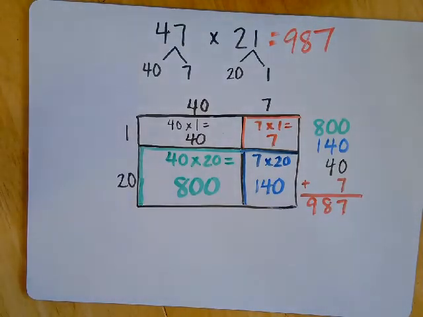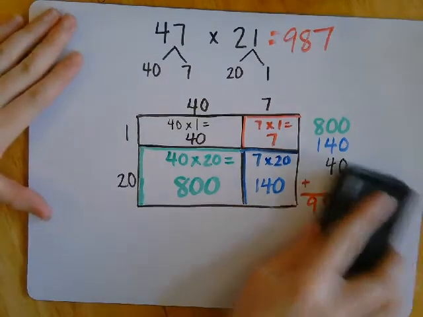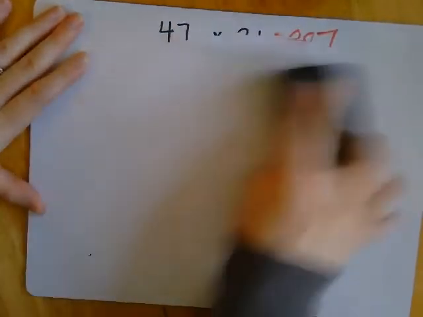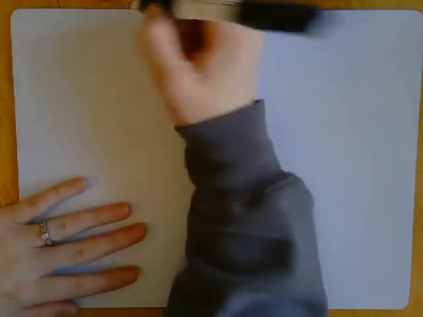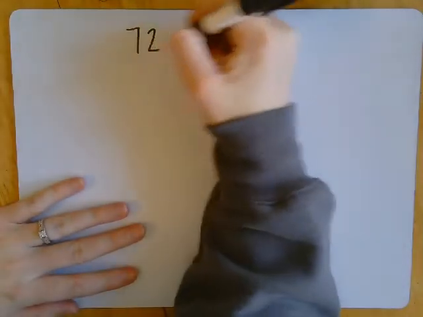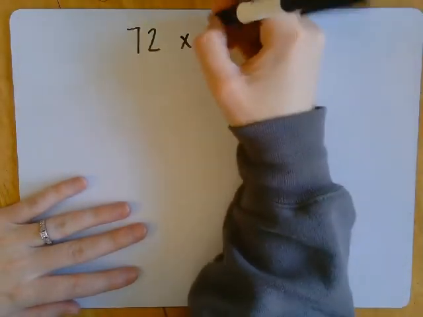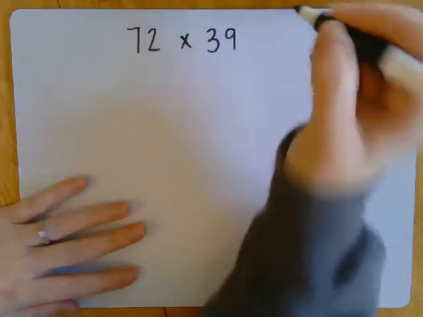All right, now I'm going to do one more, and then you'll have an assignment to do after this lesson. All right, let's do 72 times 39.